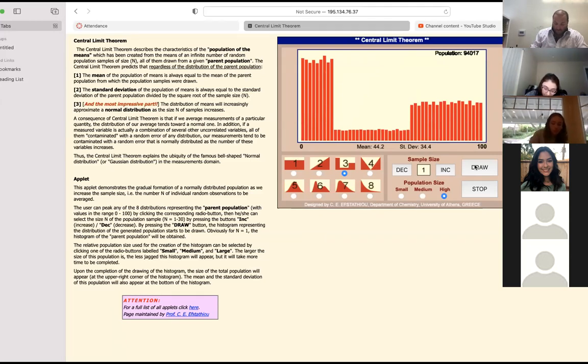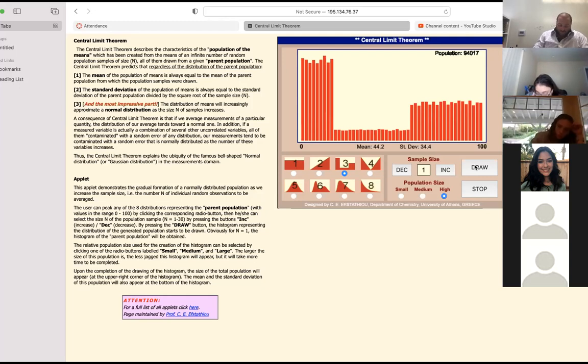So for applet shape number 3, when n equals 1, I'm going to make a table here. It's a 3-column table. The first column will be n, the second will be x bar, and the third will be sigma x bar, or just mean and deviation. When n is 1, I got 44.2 and 34.4.